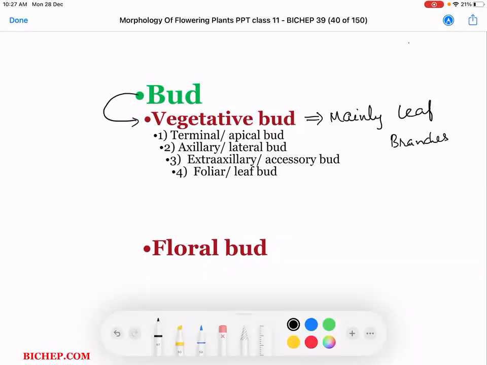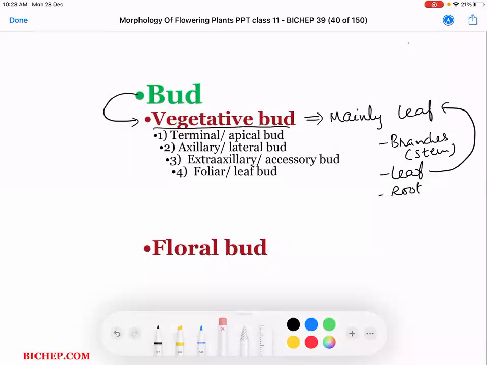Branches, that is stem, leaf, and root, these are the vegetative parts of your plant. So if they are growing the leaf, which is a vegetative part of the plant, that is why it is said to be a vegetative bud.